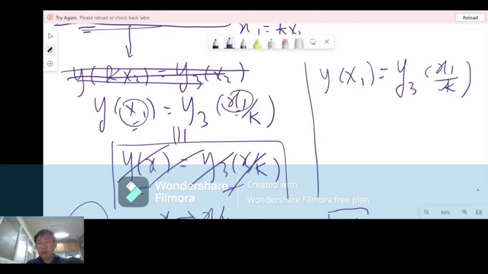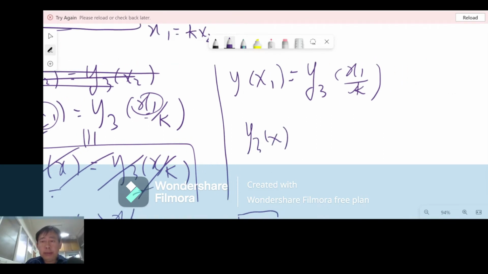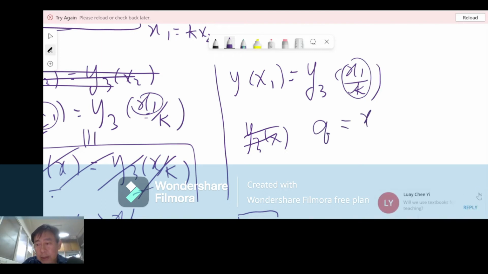Okay, so to derive the formula for y3 of x, what should I do? Let me show you some simple algebraic tricks. I look at this one. I'll introduce a symbol called q, defined as x1 divided by k.